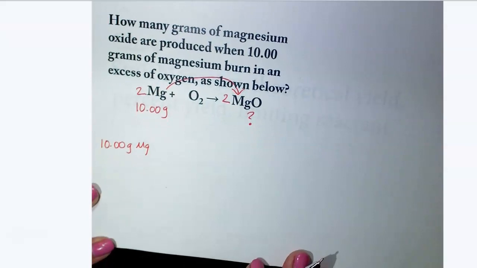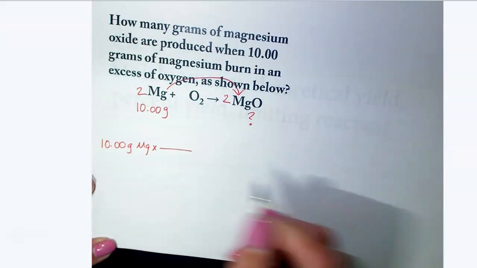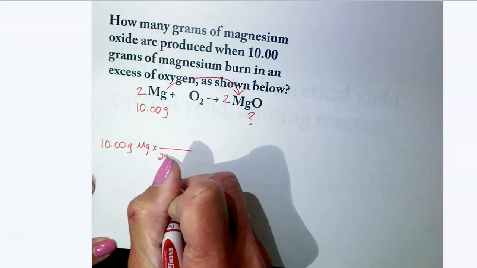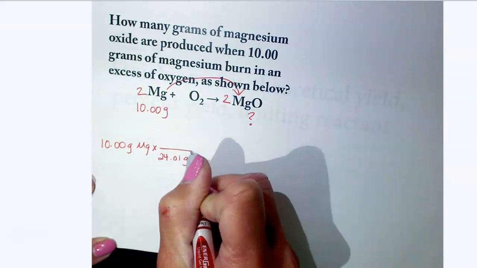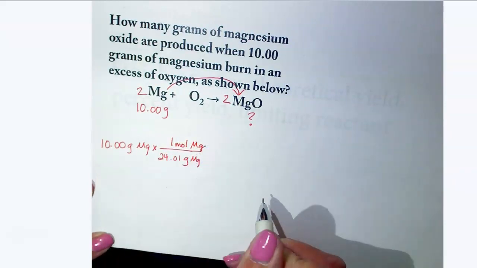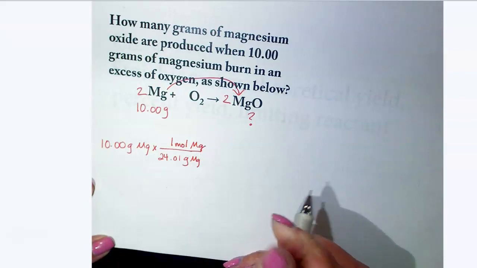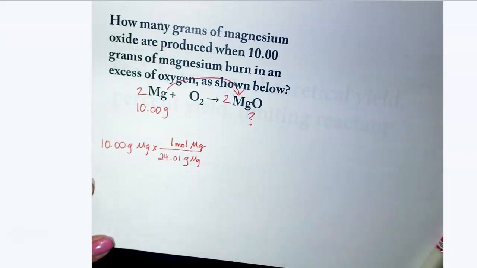So 10 grams of magnesium, I am going to convert grams to moles. So magnesium, I think, is 24.01 grams, and that is equal to 1 mole of magnesium. Magnesium? 24.31. Oh, it is?